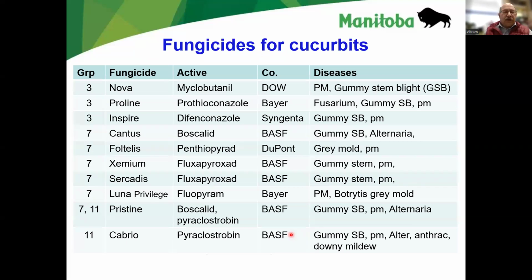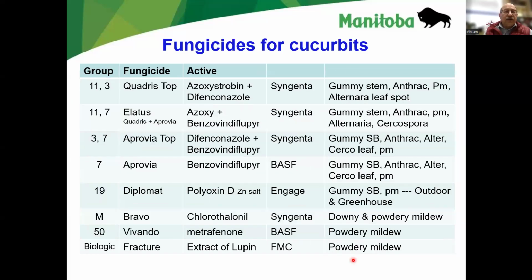It's a pretty long list of fungicides, and you can see I have mentioned the name of the company, the active, and also the diseases: powdery mildew, gummy stem blight, fusarium, gummy stem blight, and powdery mildew. So I have given a list of diseases that these fungicides can be used against. Okay. And here is a bigger list. Cordis is one of the very important fungicides.